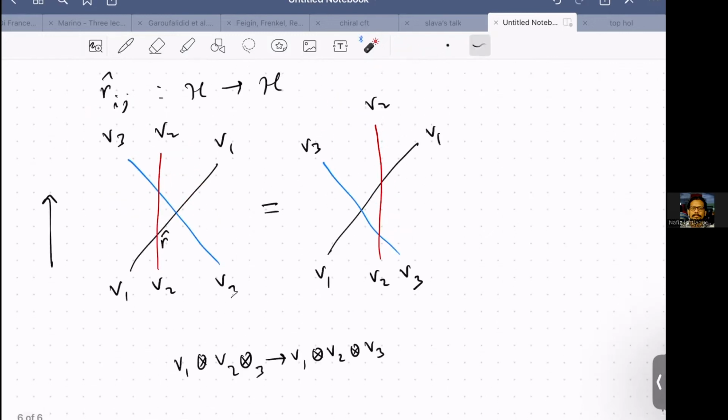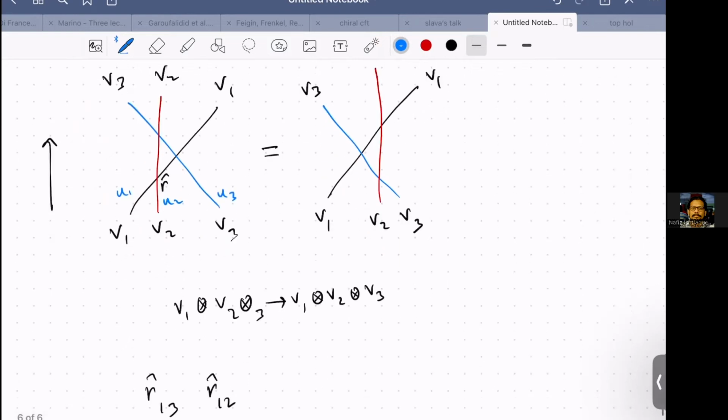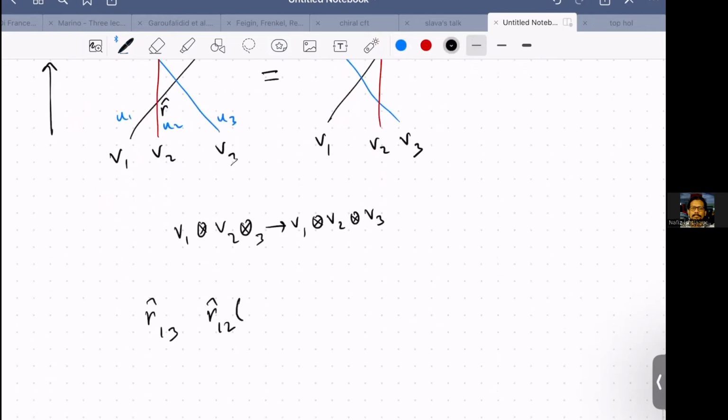Oh, by the way, each line has an associated spectral parameter. So you can call them U1, U2, U3. So R12 will be a function of U1 minus U2 and so on. But Rij will always be a function of Ui minus Uj. So let me not clutter the notation.